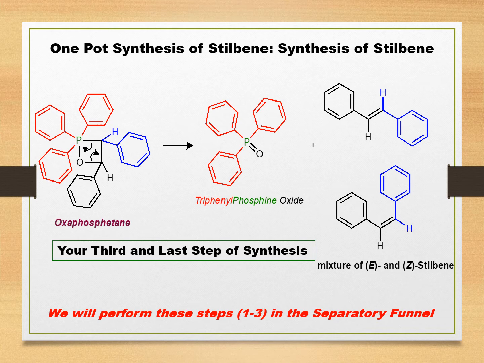And then this oxaphosphetane undergoes intramolecular rearrangement and gives the final products, triphenyl phosphine oxide, which is a byproduct, and our major products, of course, the cis and trans stilbene. And in the experiment, we'll be performing all these steps one by one.